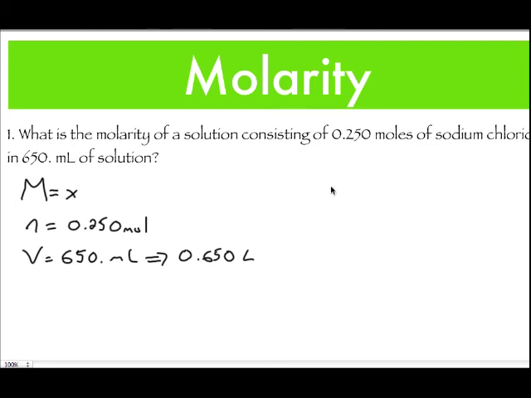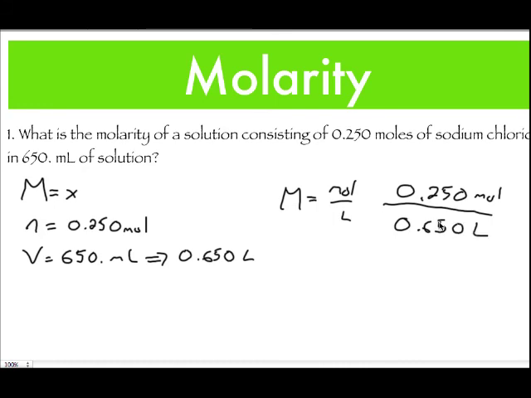Pretty simple example. Molarity, moles per liter. Big M equals moles per liter. So once I get my variables and they're in the right units, 0.250 moles over 0.650 liters.